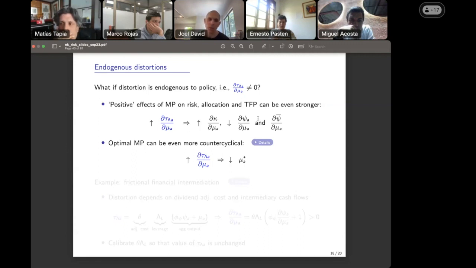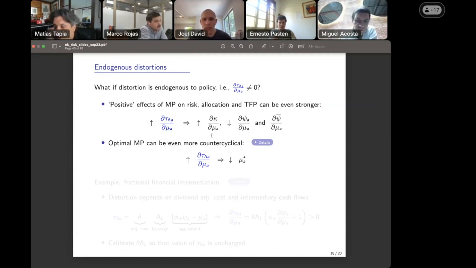And what I mentioned to you before is that under the condition that more counter-cyclical policy, so smaller mu A, also reduces the cyclicality of the distortion so that this derivative is positive, all the effects I showed you before are going to be even stronger. They're all amplified.